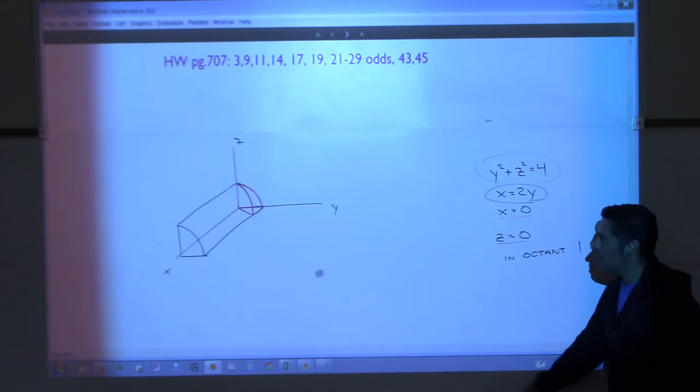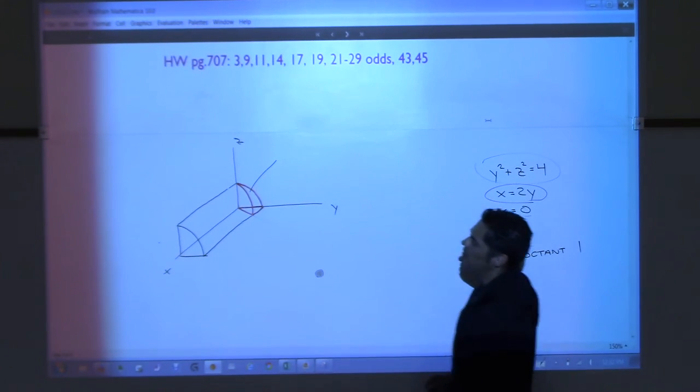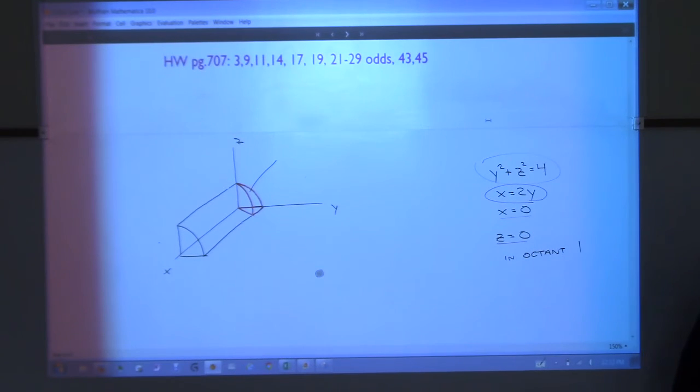Can you tell me about the top surface there? That top surface is the cylinder, isn't it? And can you take that equation of the cylinder and write it as a function of x and y? Yes. What would it be?